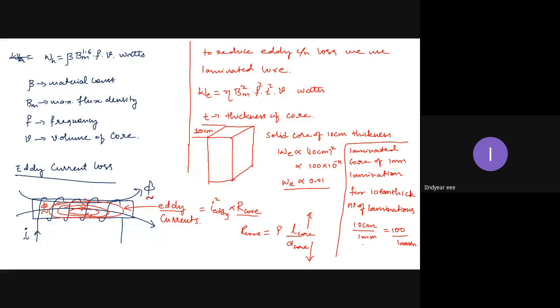Now what is the eddy current loss in 1 lamination? Eddy current loss in 1 lamination, WE, is proportional to 1 mm square.